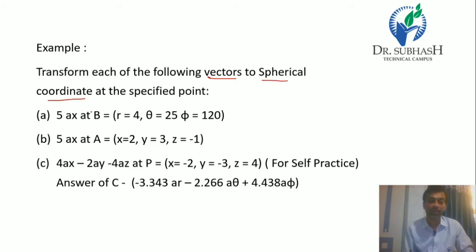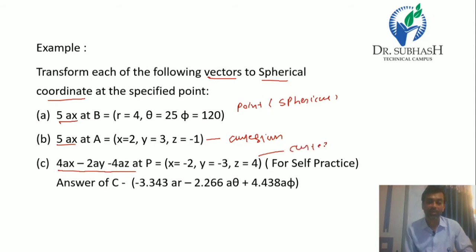Here we have the given vector in the Cartesian coordinate system in all the options, and in A we have the given point in the spherical coordinate system. In B we have the given point in the Cartesian coordinate system, and in C we again have the given point in the Cartesian coordinate system. So in the first we just need to transform the vector and put in the value of the point.